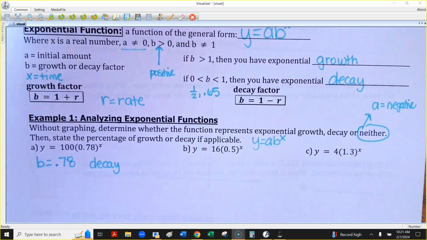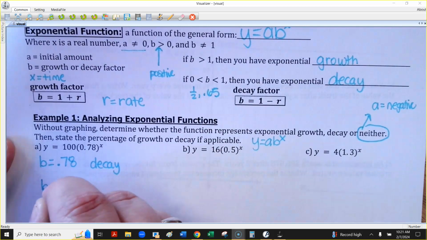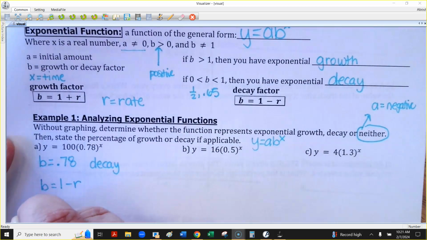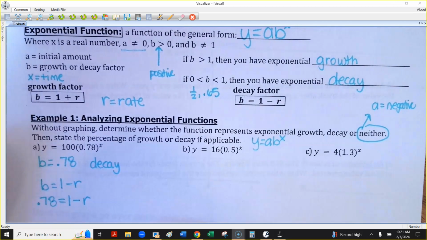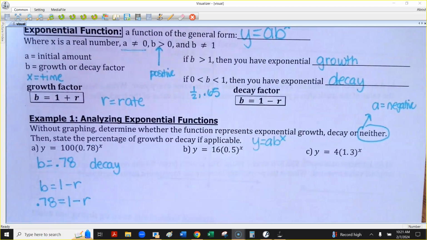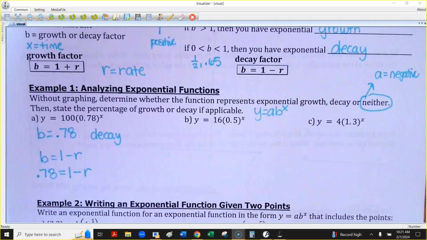Okay, so the B value is, if you have decay, 1 minus the rate. So if you could actually set this up, 0.78 would be 1 minus the rate. The way I usually do it, I just figure out what that would need to add up to 1 or to 100. Think of that as 78%.